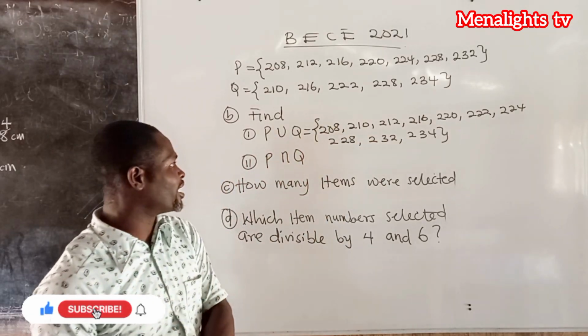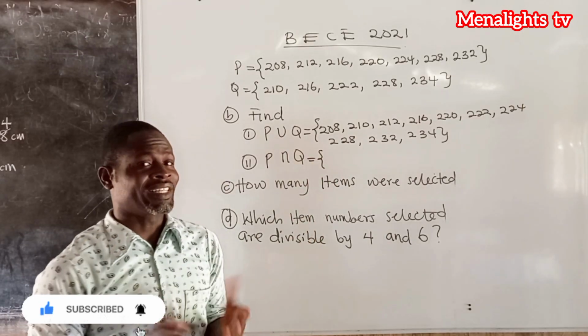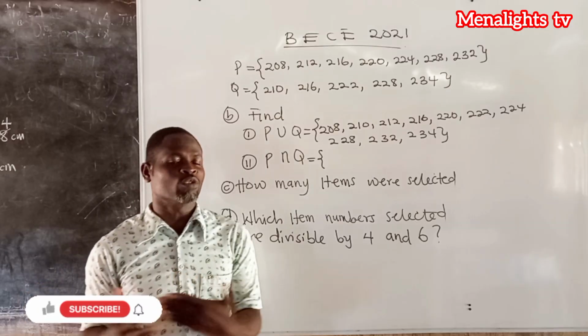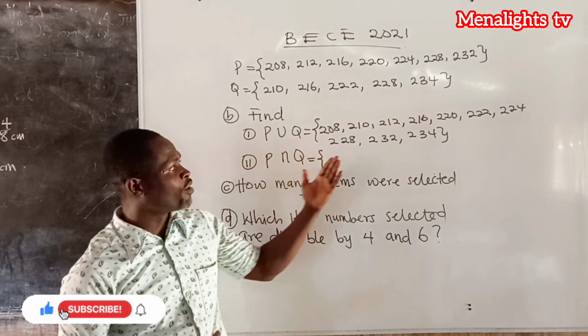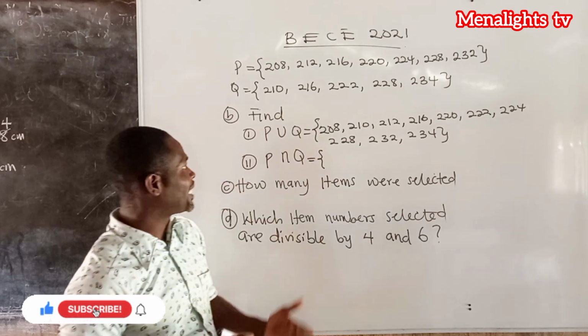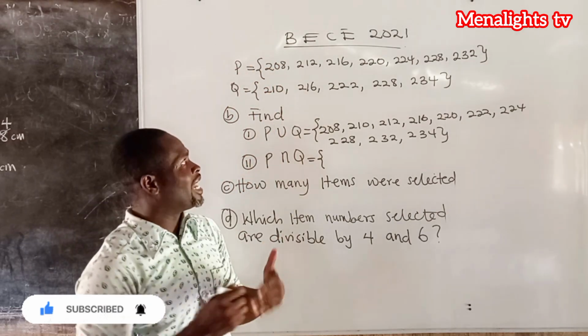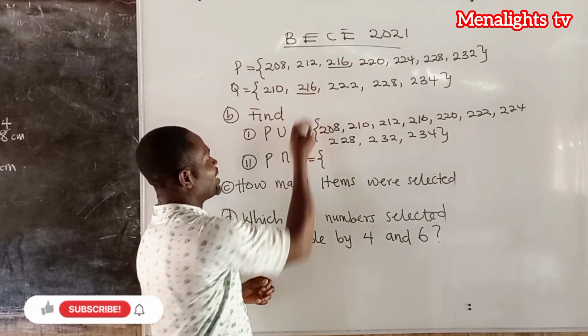The elements that we have in both P and Q. Now we come to P intersection Q. When we talk about intersection, it simply means the elements that are common to both sets. Now when you look at P and Q, the elements that are common, we have 216 here and 216 here as well.